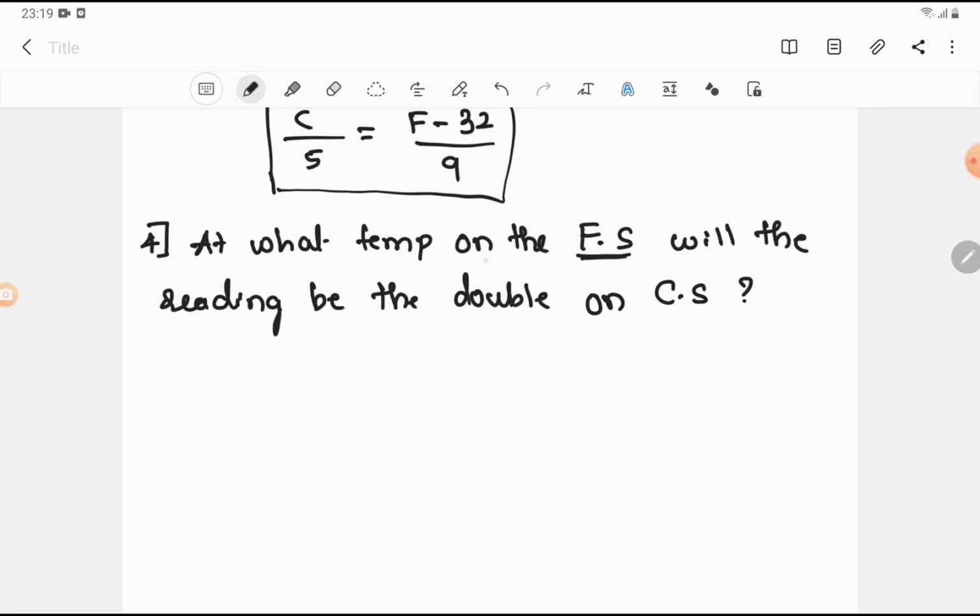At what temperature on the Fahrenheit scale will the reading be double on the Celsius scale? So the reading is double.